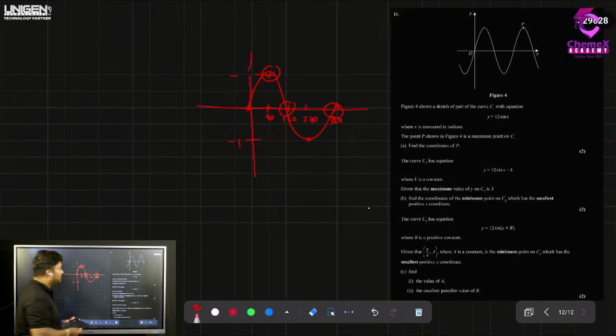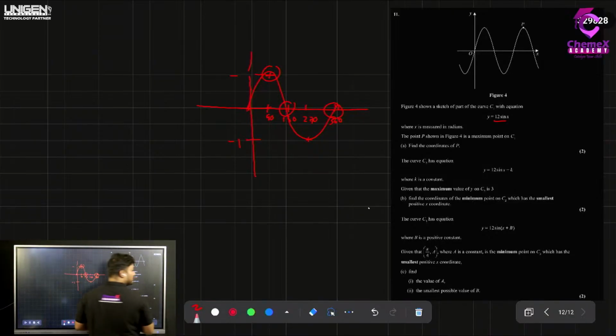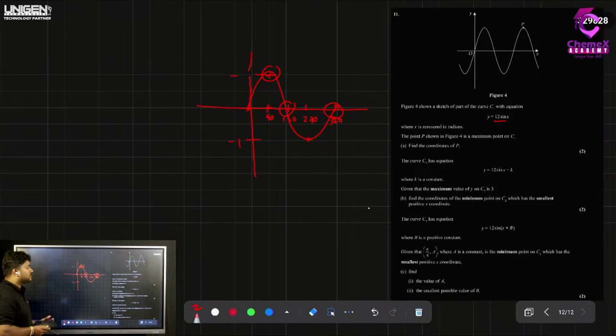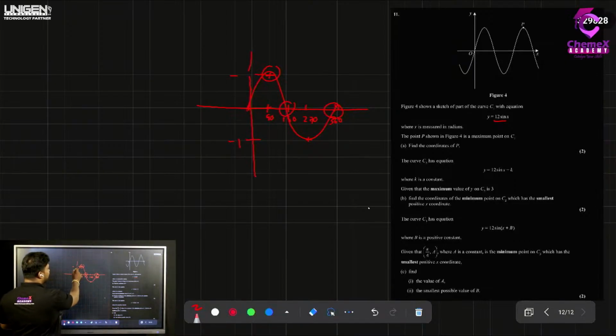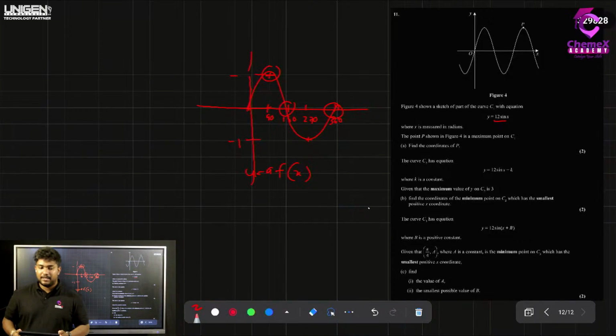So now what happens? This is 12 sin x. What does 12 sin x mean? Any idea? For f(x), all the terms get multiplied by a, so here by 12.